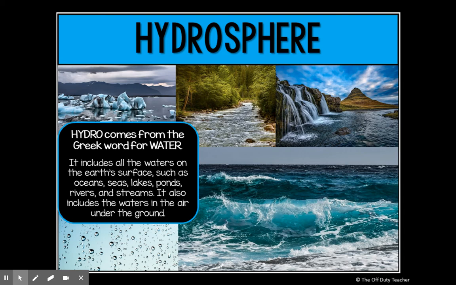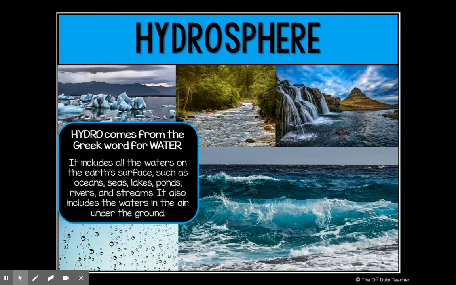The first sphere for us to learn about is the hydrosphere. All H2O, and by that I mean water, on Earth is part of the hydrosphere, regardless of its location. The moisture under the ground in underground aquifers is part of the hydrosphere.